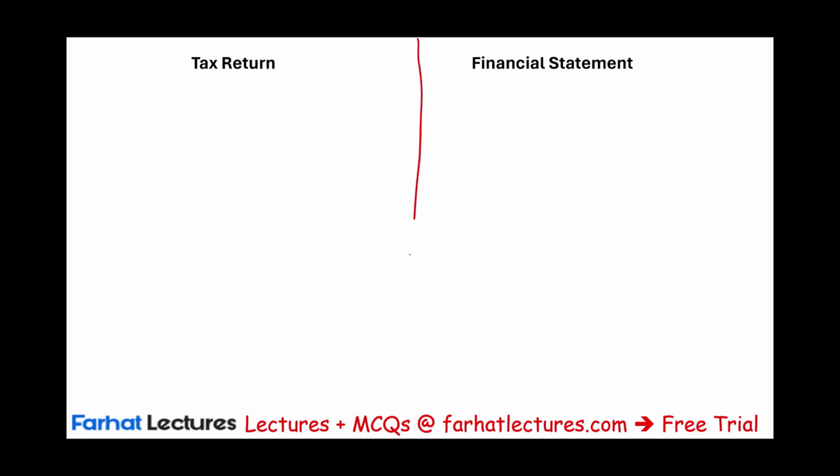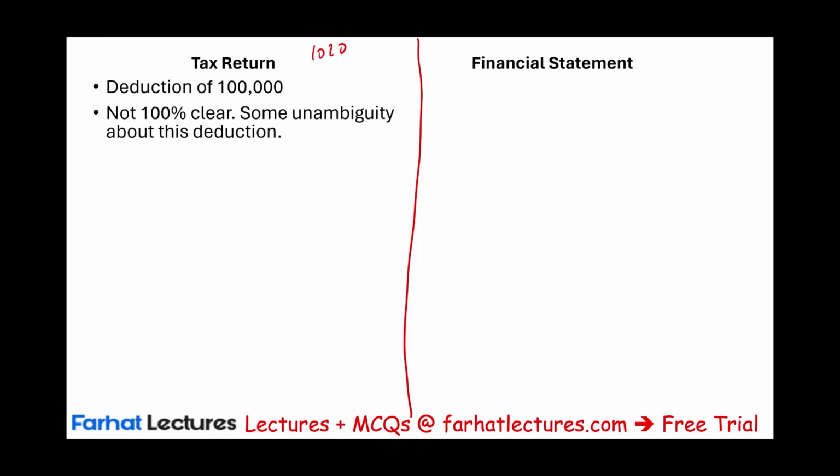So let's assume you are preparing your tax return and it's a corporation, they're preparing their 1120. Let's assume they took a deduction of $100,000. That deduction is not 100% clear. The law is not 100% clear. There's some ambiguity about this deduction. It should be considered an asset. It should not be considered a deduction. We're not sure. There's some ambiguity.